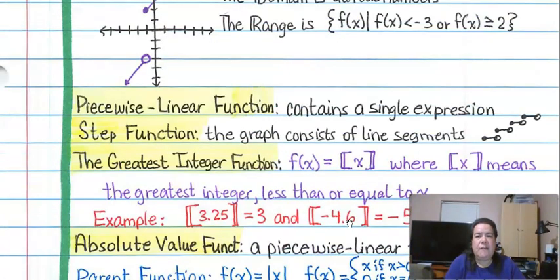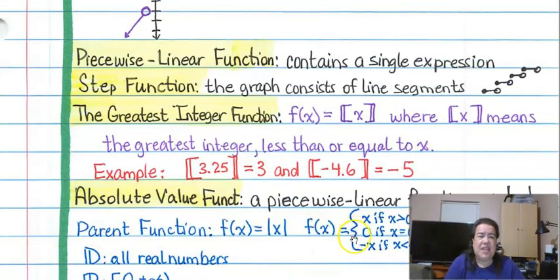Now, we do have a piecewise linear function. And what does that look like? Well, it's usually made up of a single expression, and it can just be in pieces. So you've got a piece of a line here, then it jumps up here, then maybe over here, etc. So a step function is something that looks like this.